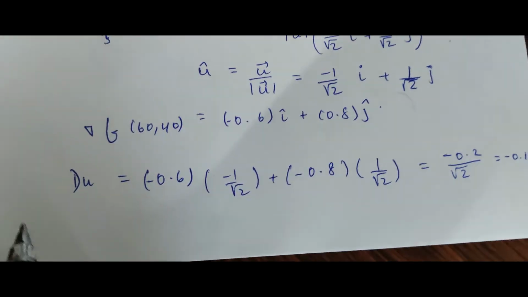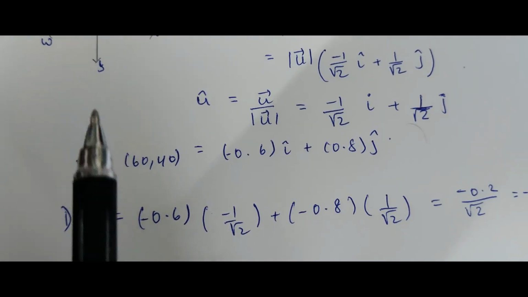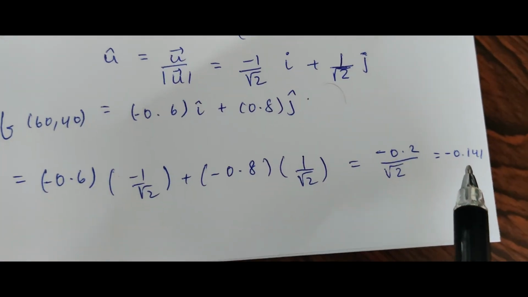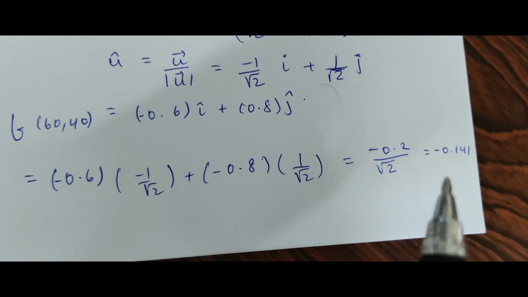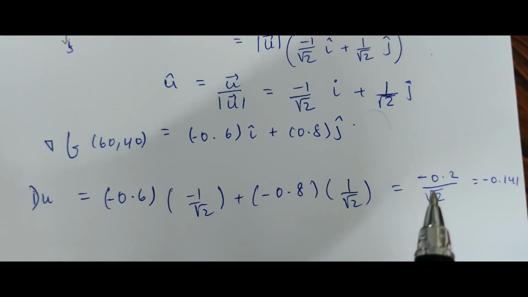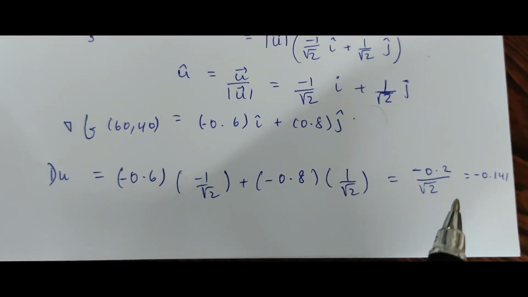As you can see, the directional derivative for this vector is negative, less than 0. So at that point, traveling northwest, we are descending the hill as Du is negative.